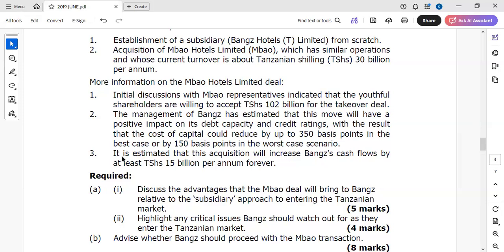I think we are looking at acquisition as a corporate restructuring scheme, and a subsidiary. So we are looking at advantages of both and trying to push either of them. We are looking at advantages of acquiring what?